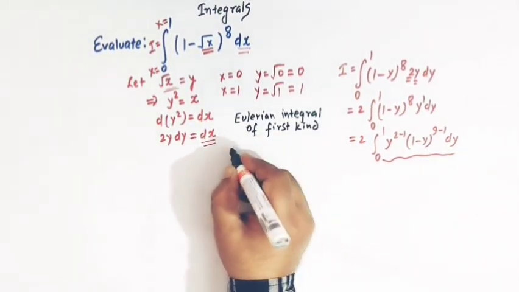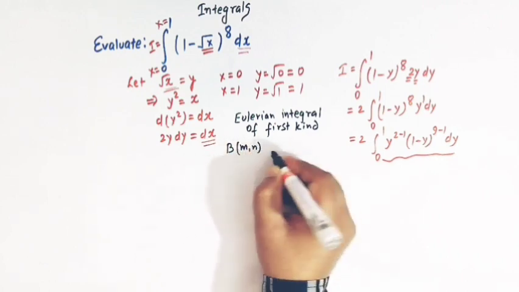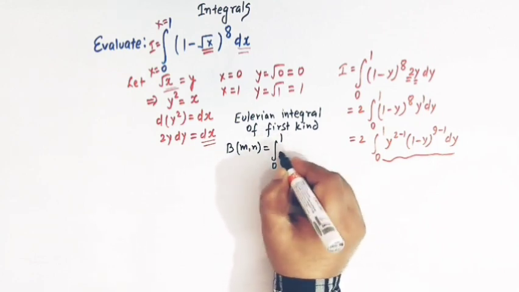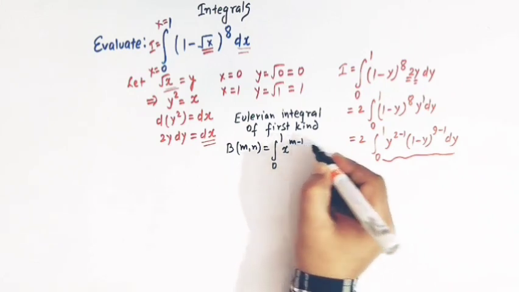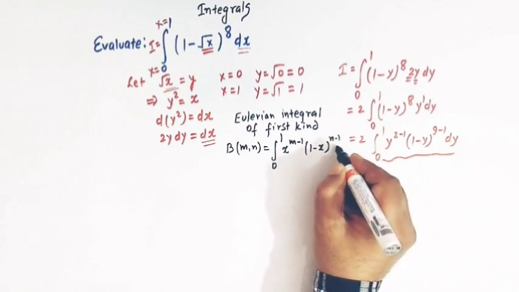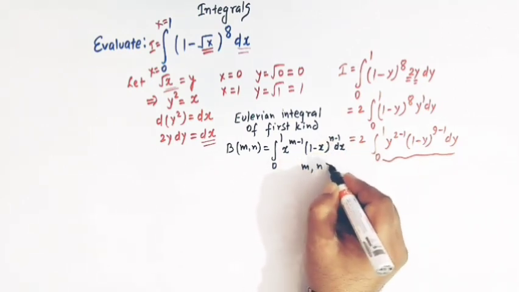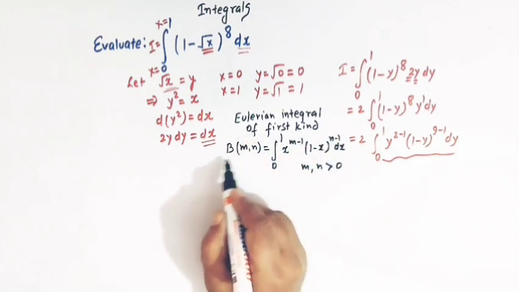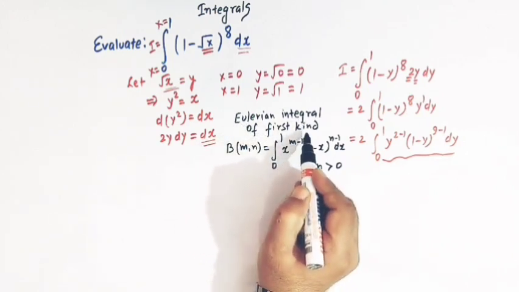Now see, the beta function, that is beta(m, n), is defined by this integral, that is 0 to 1, and we have x raised to m minus 1 and (1 minus x) raised to n minus 1 dx, right? Where m and n are greater than 0, right? So this integral is known as beta function, or the Eulerian integral of first kind.